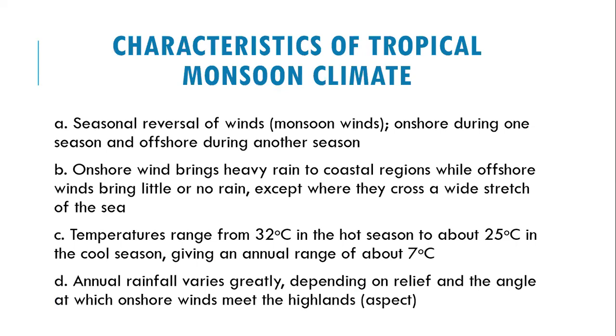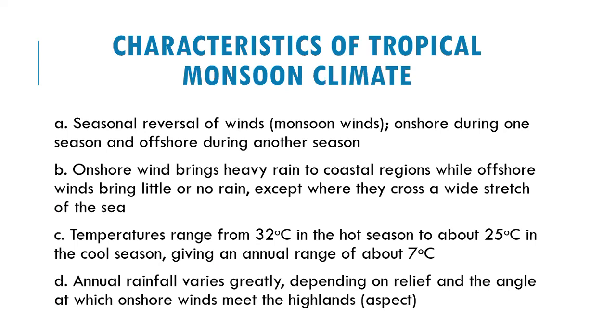The first one is the seasonal reversal of the winds. These are the monsoon winds, onshore during one season and offshore during another season. So the places in this tropical monsoon climate experience these two onshore and offshore winds, which are the monsoon winds.